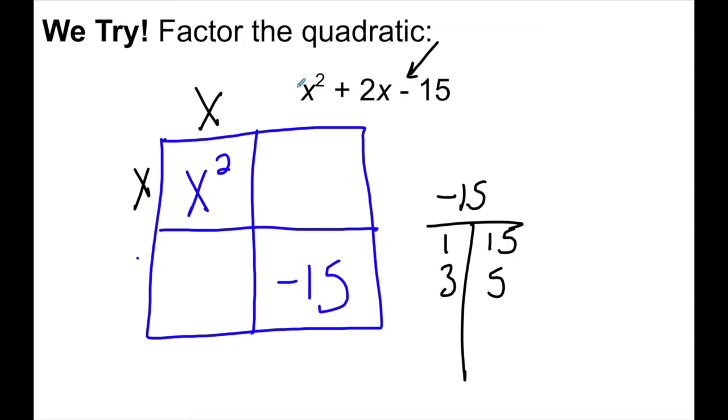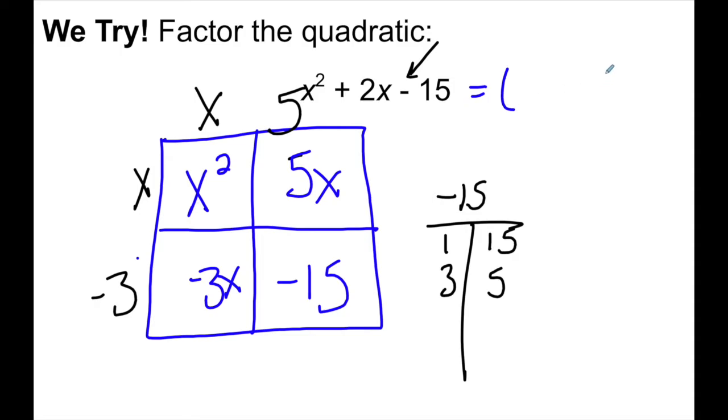Which one has got to be the positive for me to get a positive 2 when I add the things together? Is it 5 or 3 that's going to be positive? It's going to actually be 5. Hopefully you said 5. Because when I take the 5 and I subtract the 3, that's when you get 2.